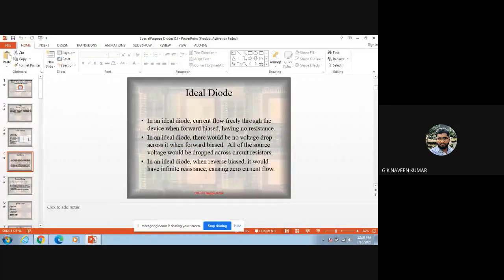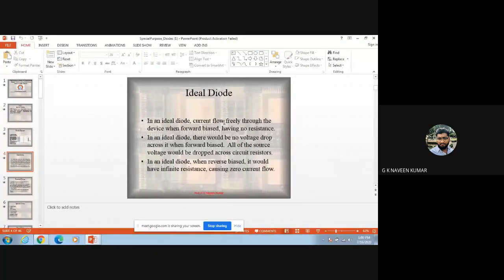The ideal diode is the one you represent as a simple diode with zero resistance or no resistance. This type of diode is called an ideal diode, which won't exist practically. Practically we will be discussing more on the practical diode only. The ideal diode is just like an ideal person; an ideal person never exists in practical life.